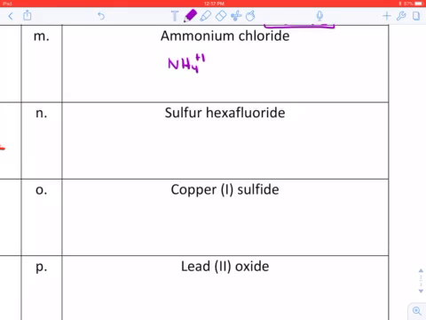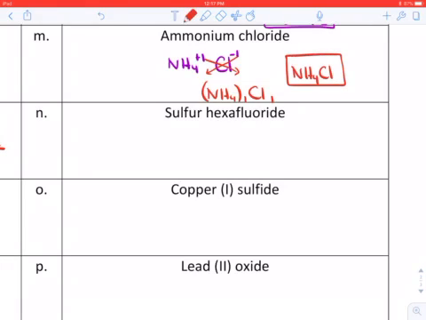All right. Chloride is from the element Cl, right? And it's -1. So if we crisscross, we're going to get a 1 down there and a 1 down there, which means NH4, 1, Cl, 1. So we can reduce out those ones or remove the ones, which gives us NH4Cl.